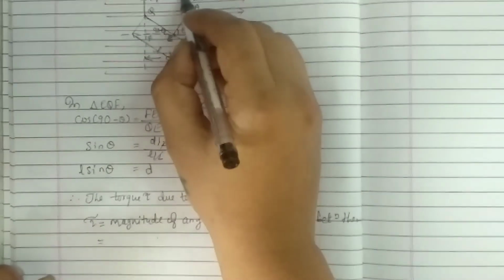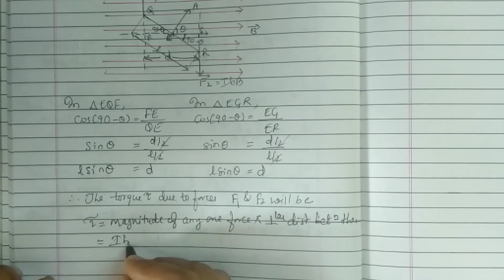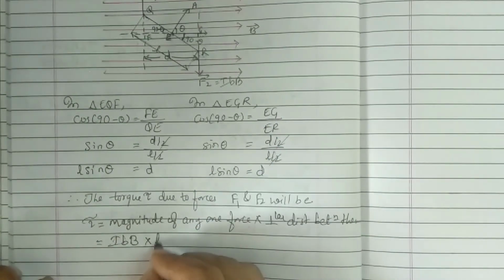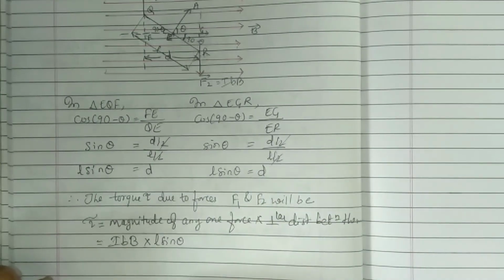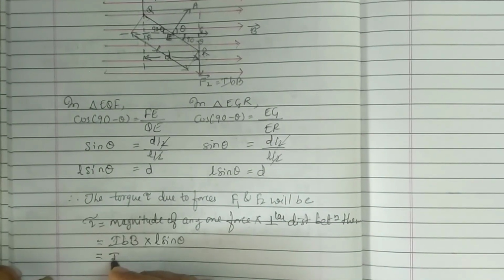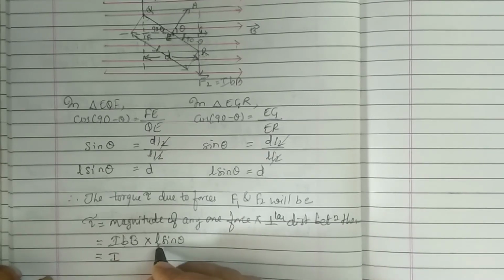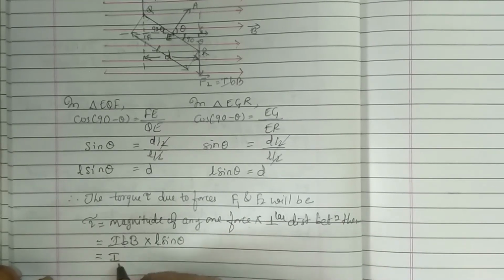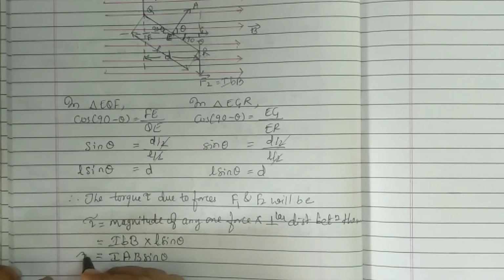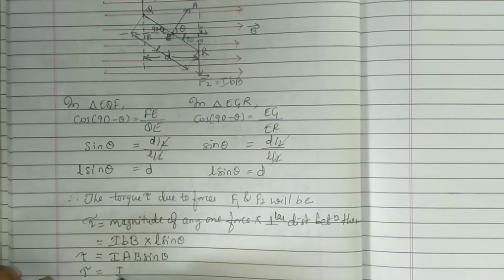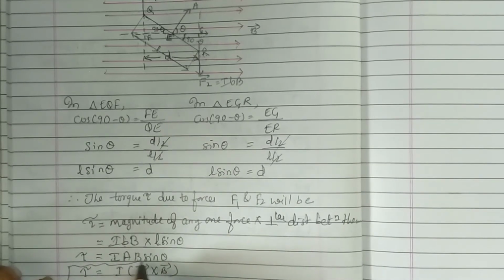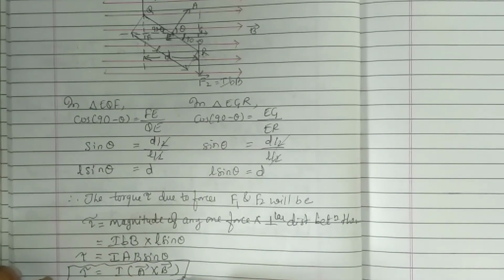We already studied it is I B b. So I B b into the perpendicular distance L sin theta. Once again it is I B into L, breadth into length, which is nothing but the area of the coil, and B sin theta. So if you express it in vector form, it is I A cross B. So this is the final expression for this.